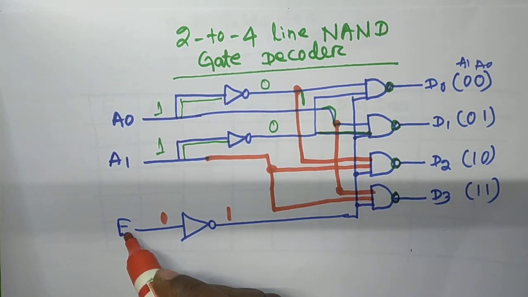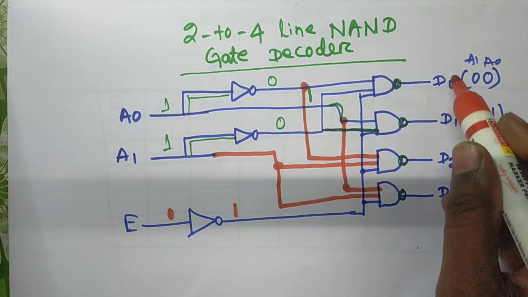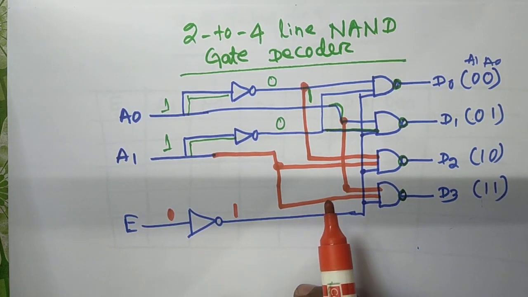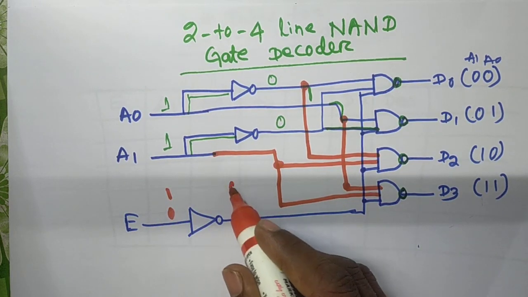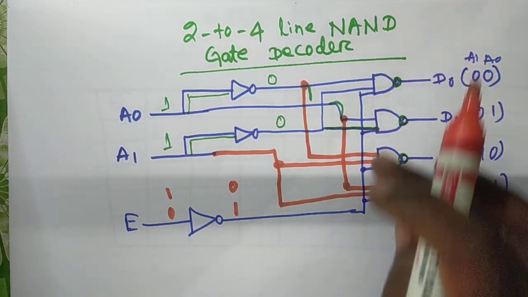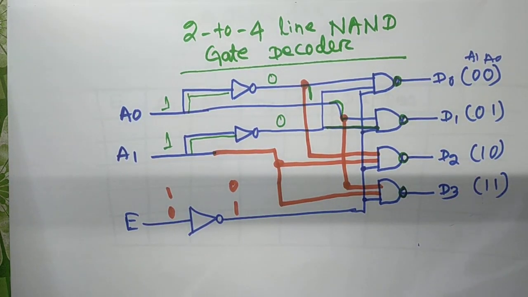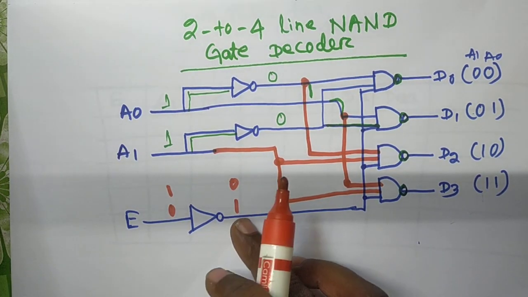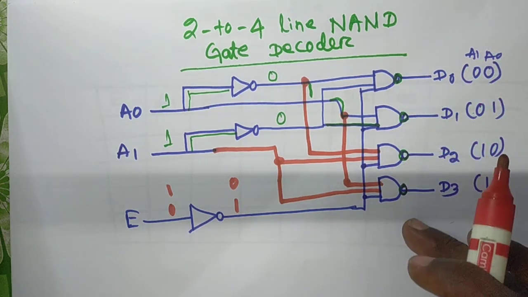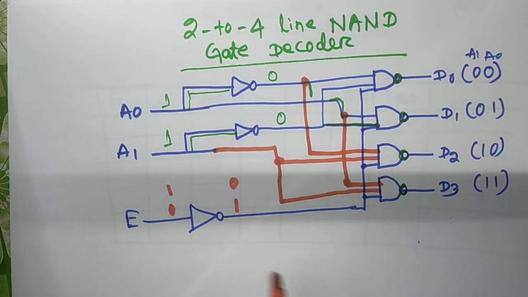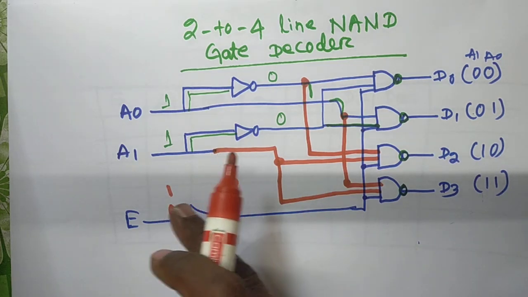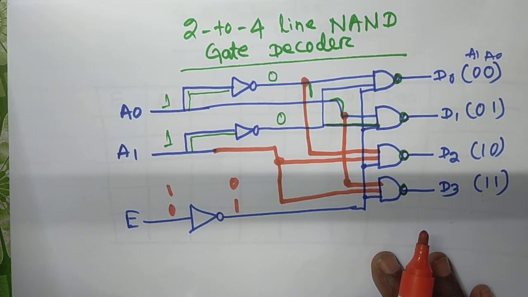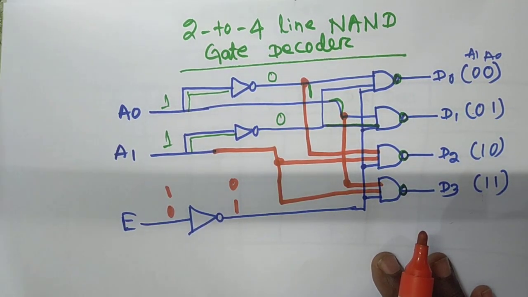Okay, that means E0 activates this NAND gate. If E is 1, output will be 0. That means inactive all data. Okay, that is the merit and demerit of enable. If enable is 0, then output will be 1. It will activate which NAND gate will be active. That is defined. If 1, output will be 0, but all NAND gates will be inactive. Okay. This is the basic concept regarding enable.